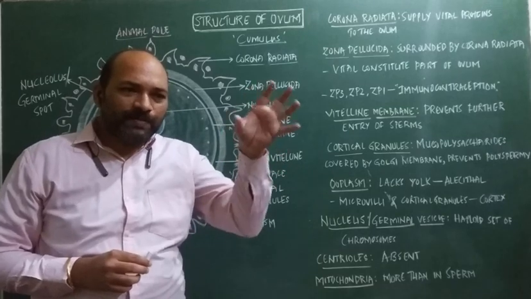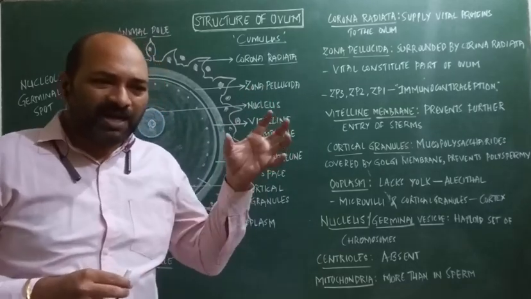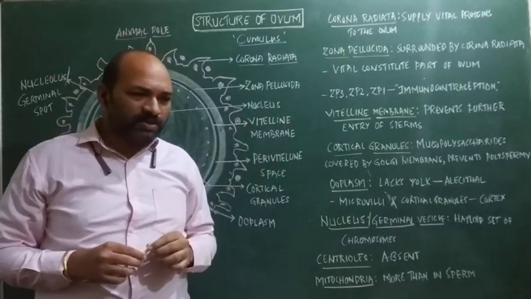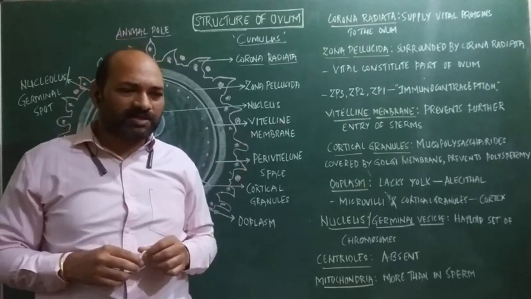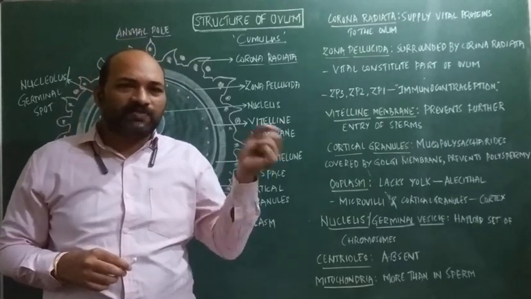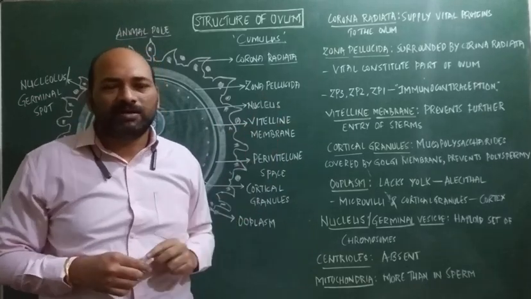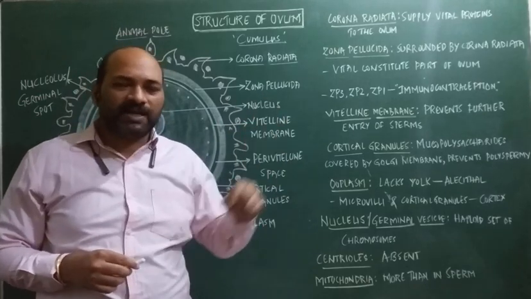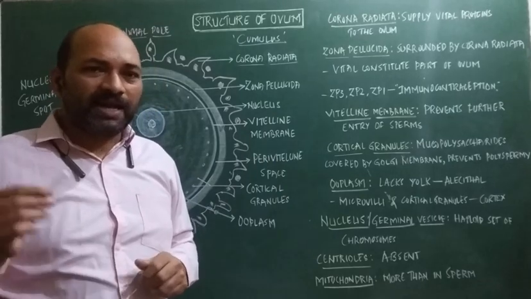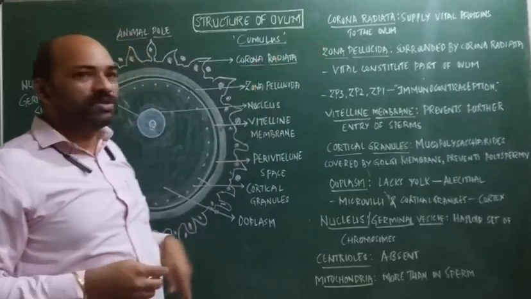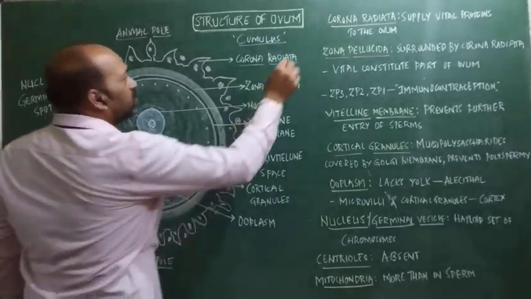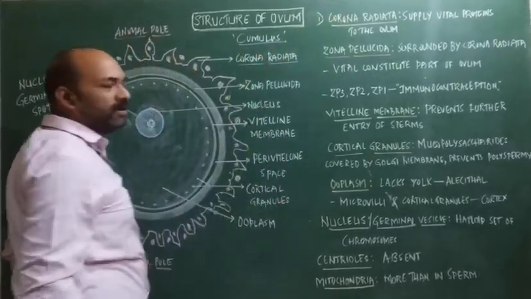At that particular time, the flat granulosa cells start increasing in size, thereby forming this corona radiata. At that time it is called granulosa radiata. So that is the outermost layer of the ova, called corona radiata.